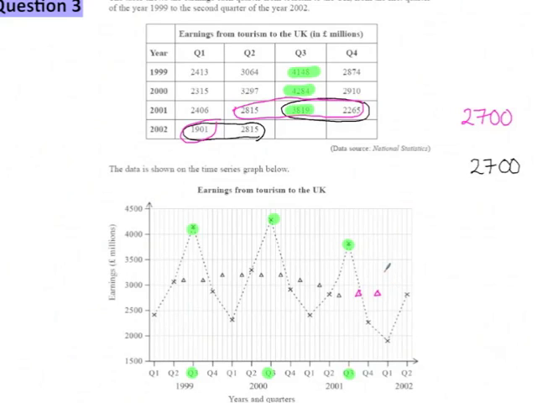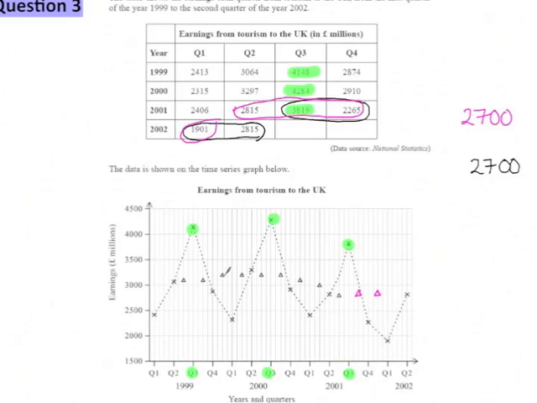We're then asked what can be inferred from the moving averages about the way the earnings from tourism have changed for the years 1999 to 2002. So what's happened over these times? Now there's 2 marks available. Our first mark is going to be looking here. We can see our moving averages going across and they're quite stable.